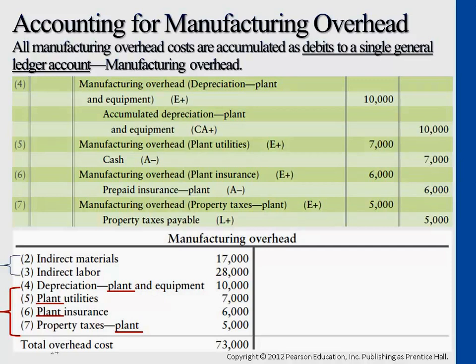These are just some of the examples of all the remaining incurring indirect costs that we need to consider altogether as well. So this T account here, after a whole year of production line, we add up all the indirect costs. So it totals up to $73,000.